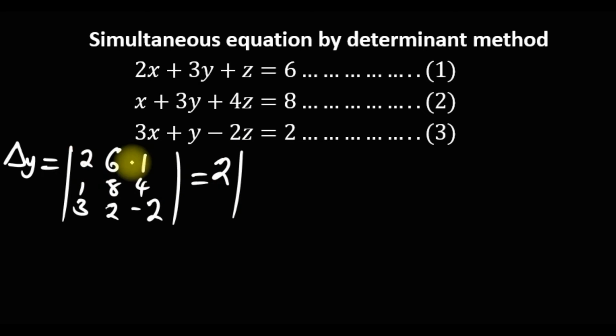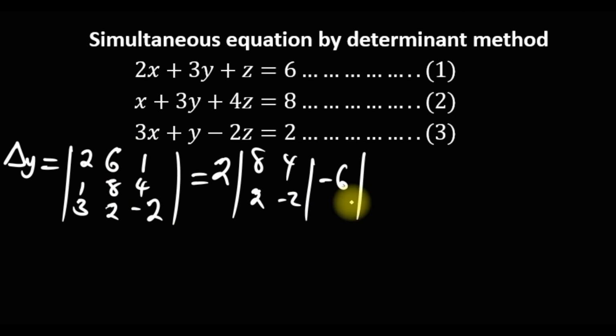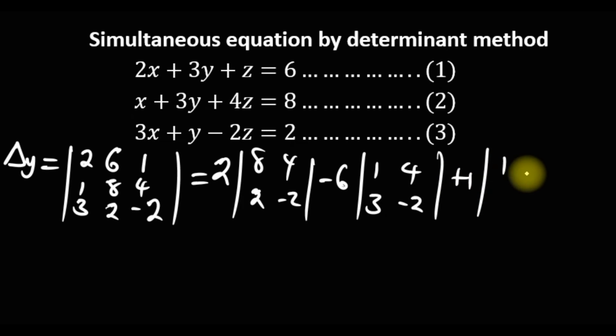So 2 times the determinant of 8, 4, 2, minus 2, minus 6 times the determinant of 1, 4, 3, minus 2, finally plus 1 times the determinant of 1, 8, 3, 2. So we open up the brackets.